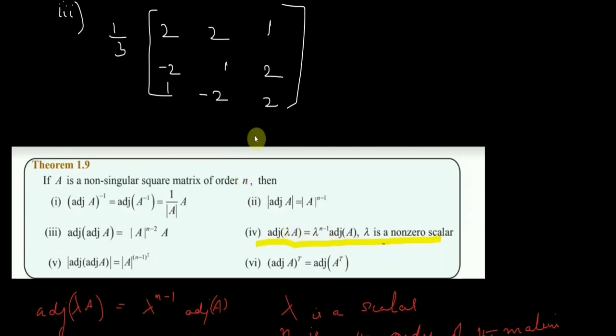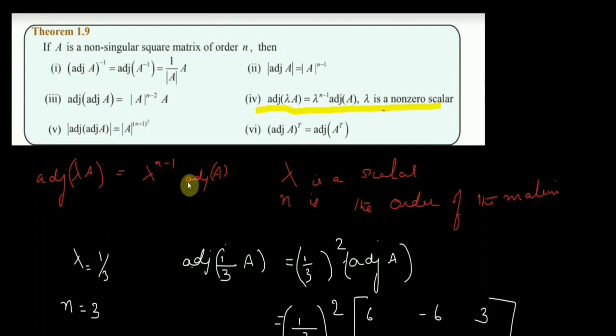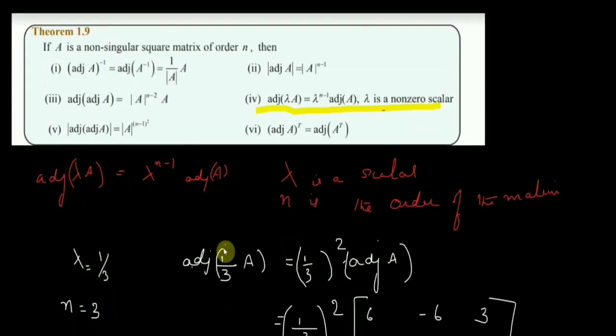So let us use that property here. Adjoint of lambda A is lambda power n minus 1 into adjoint of A. So here we are going to find the adjoint of the matrix 1 by 3 into A. This is your A matrix. I am just replacing lambda by 1 by 3 and n by 3.